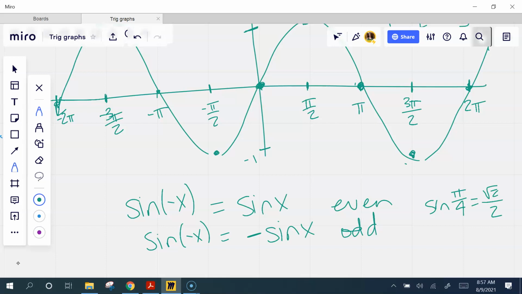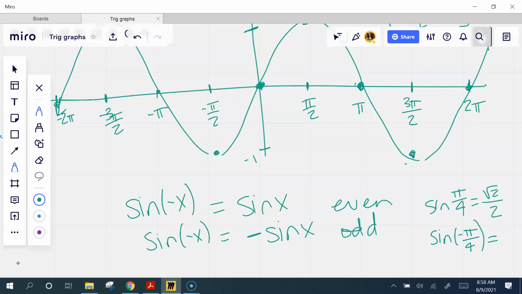If I make that x value negative, what is the sine of negative pi over 4? What does negative pi over 4 mean? I'm going backwards.